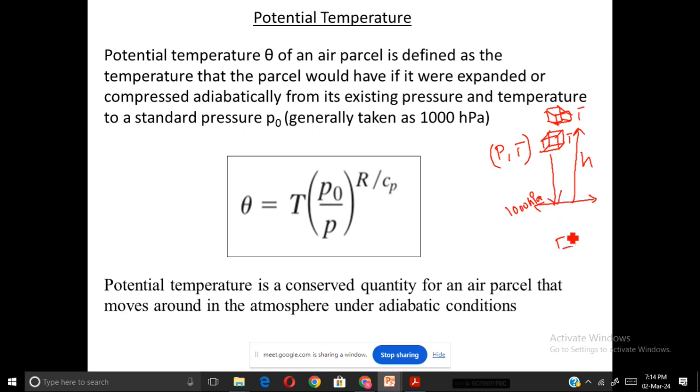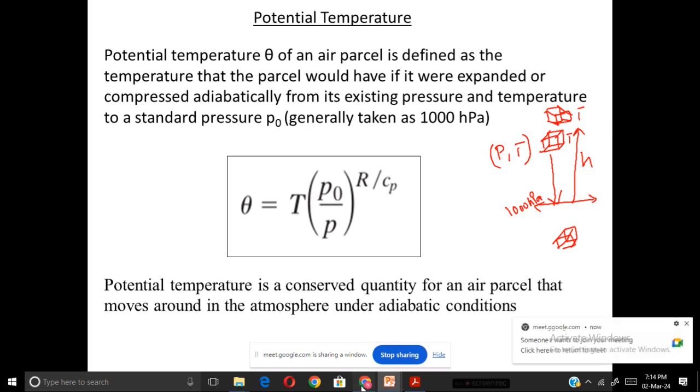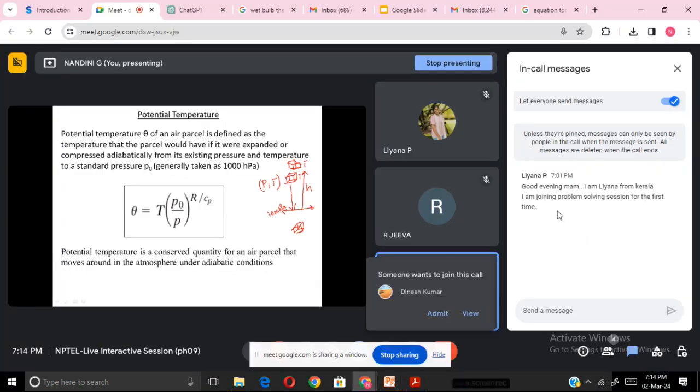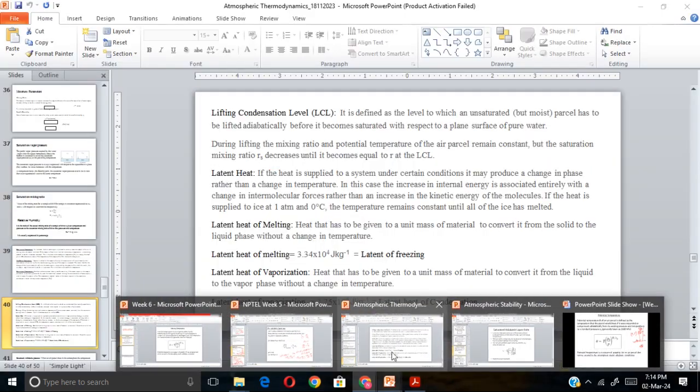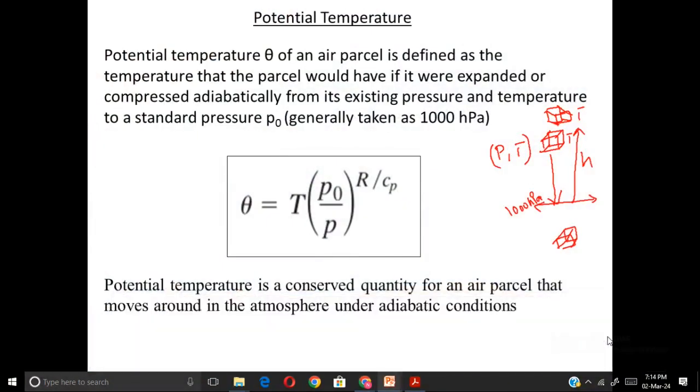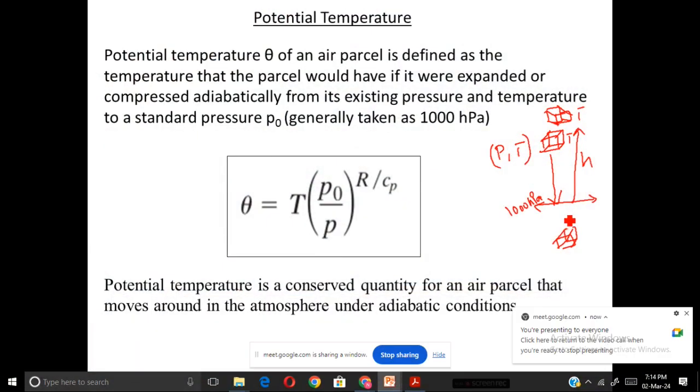Suppose we have an air parcel at a lower level, with a pressure greater than 1000 hectopascal, and we are taking it up. Then we will have to take the air parcel up to 1000 hectopascal.